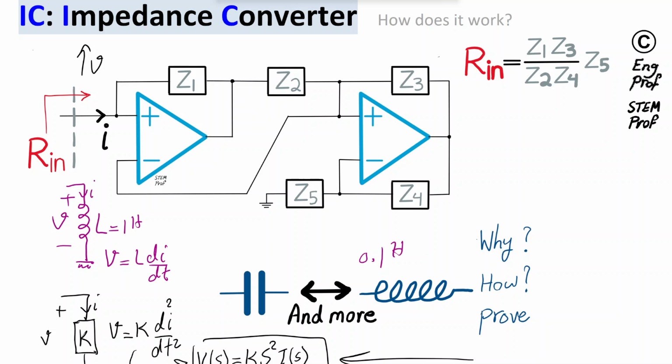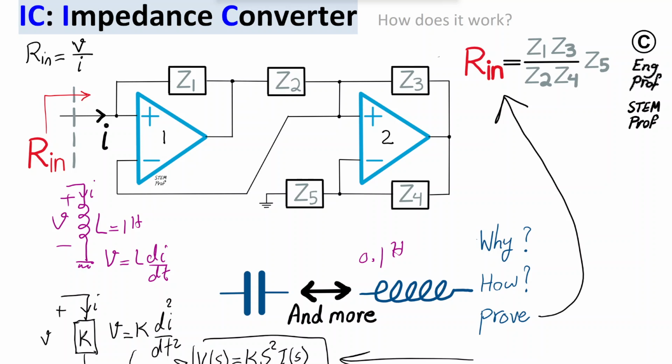Okay, so now let's see. When the circuit is in a steady state, we have op-amp 1 and 2. Let's say we apply a test voltage at the input, because Rin, which we want to find the formula for and prove, is the test voltage applied at the input divided by the test current.